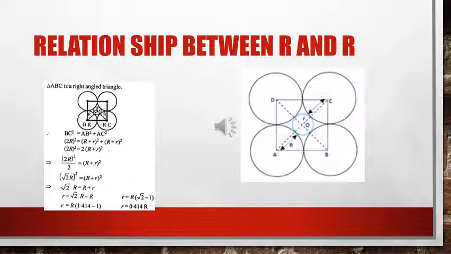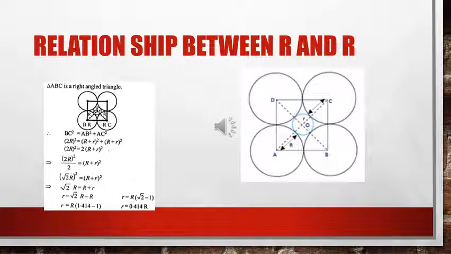On taking the square root, root 2 R the whole square is equal to R plus r the whole square, or root 2 R. Remove the square on both sides. Root 2 R is equal to R plus r. Take the small r to this side: r is equal to root 2 R minus R. Since R is common, you can take R outside: root 2 minus 1.